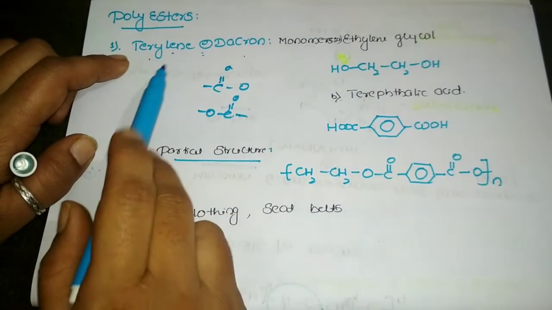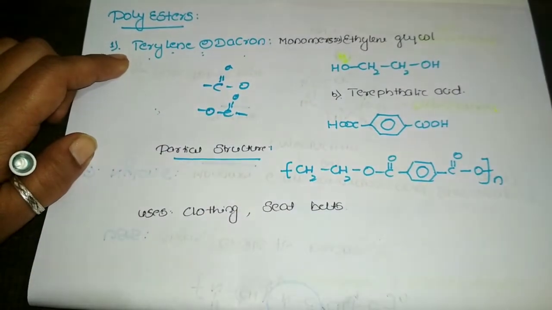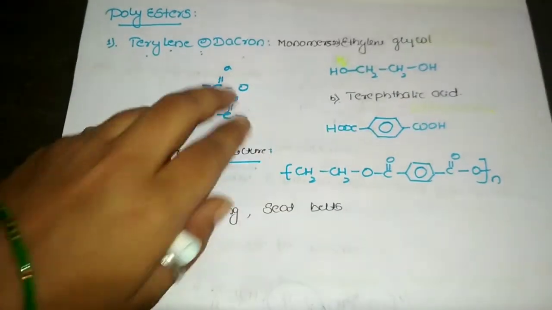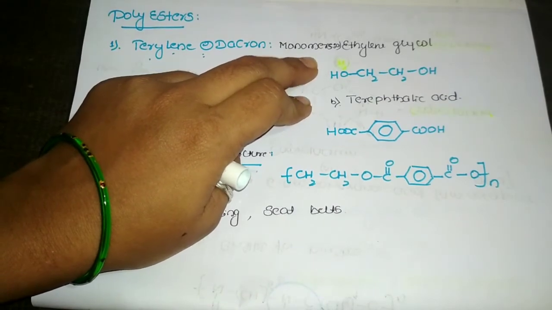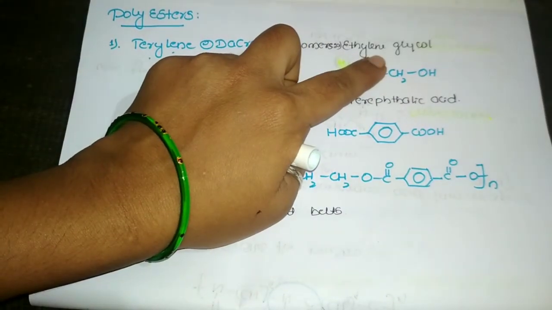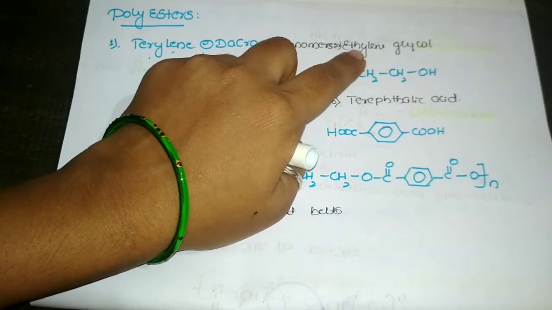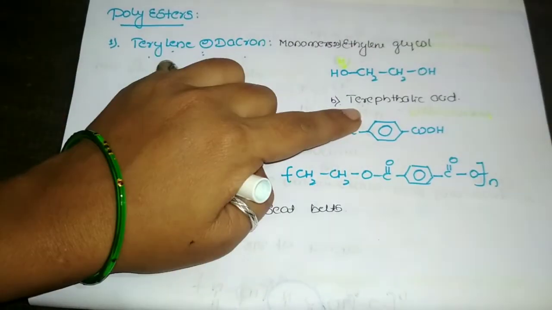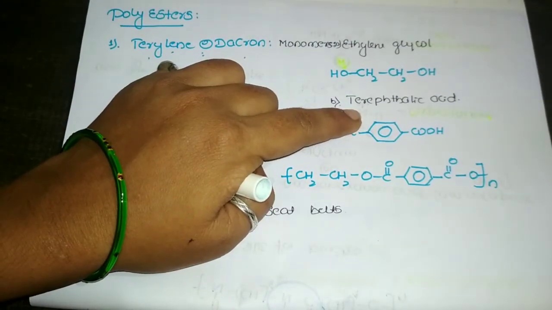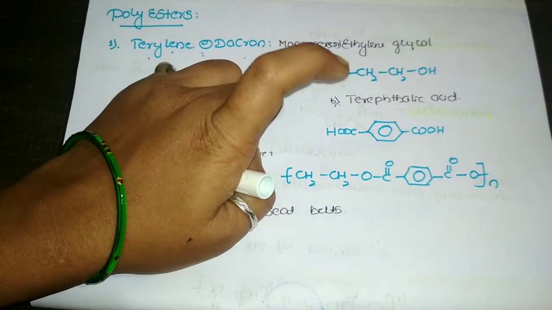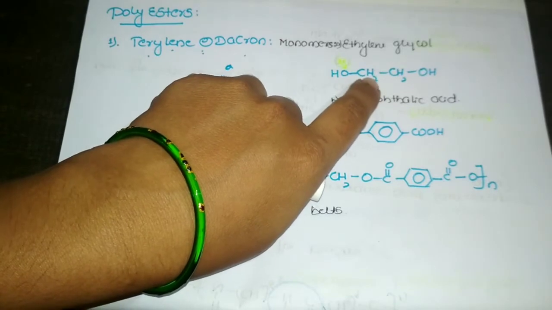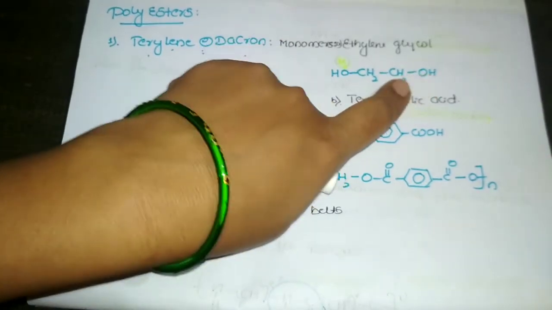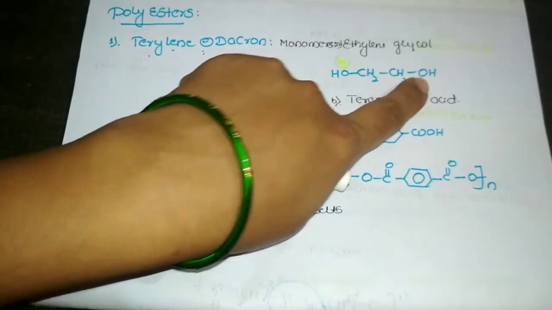One more example is glyptal, which we are going to study. For terylene or Dacron, the monomers are ethylene glycol, which is one monomer, and terephthalic acid, the other. In ethylene glycol, you could see two carbons with two hydroxyl groups attached, so this is called ethylene glycol.